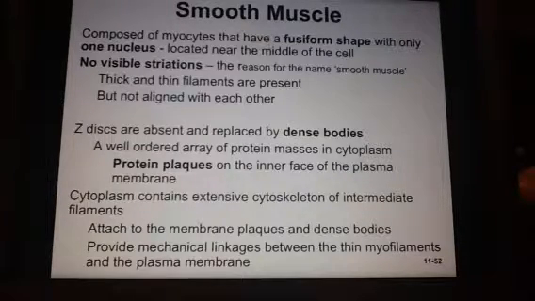skeletal muscle. So we don't have Z discs, but we have dense bodies. It's basically the well-ordered array of protein in the cytoplasm. The cytoplasm has a lot of cytoskeleton with intermediate filaments, and that is how the filaments are linked together, and also how they're linked to the cell membrane.